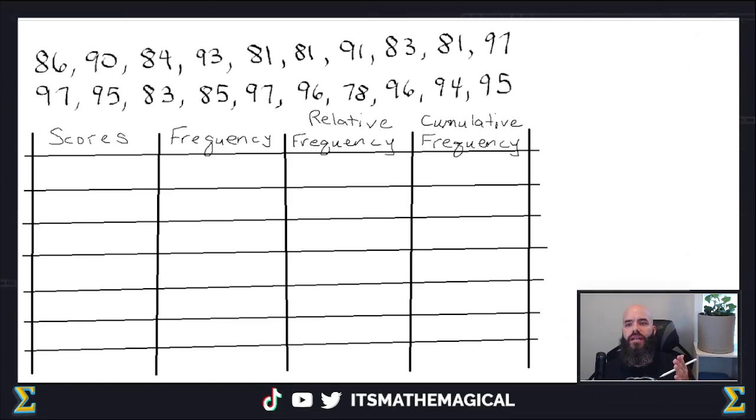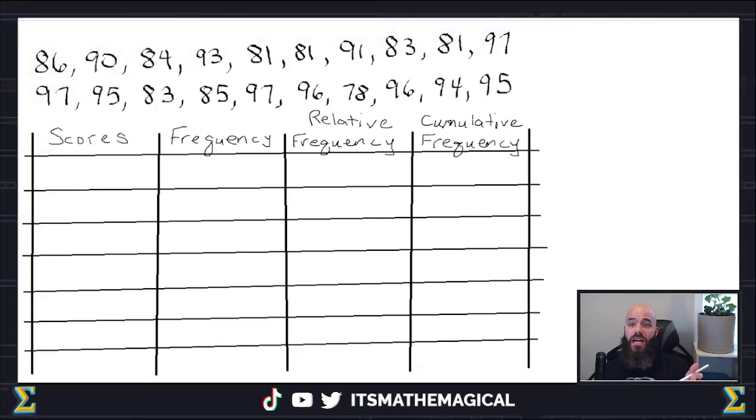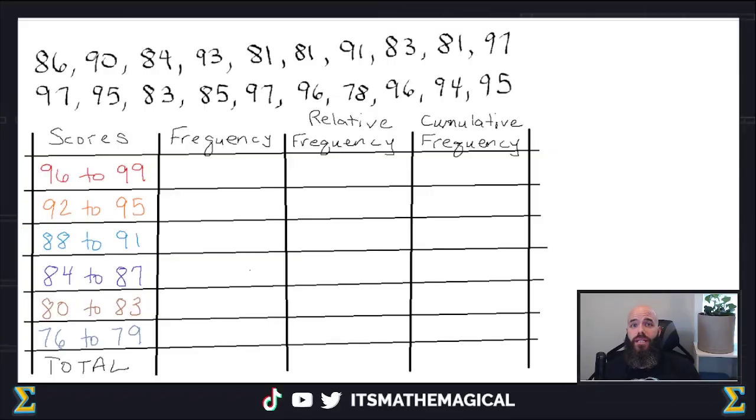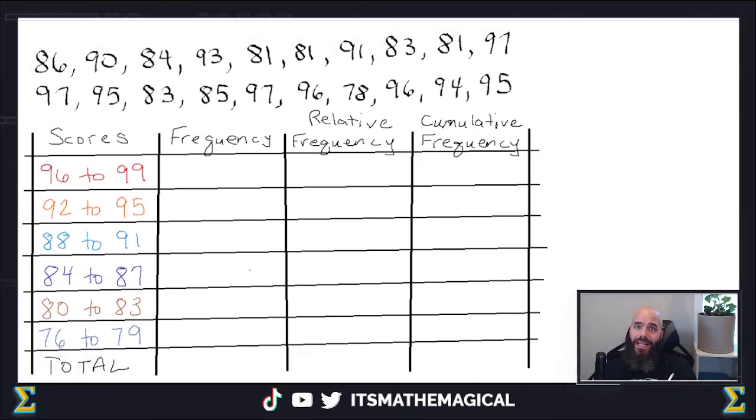Okay, so let's go ahead and write our bins. Remember, the first bin is from 96 to 99. All right, so I have our bins written down. The first bin, of course, is 96 to 99. The second bin, 92 to 95. The third, 88 to 91. The fourth, 84 to 87. Remember, you can count down to create your bins if you have to create them yourself.